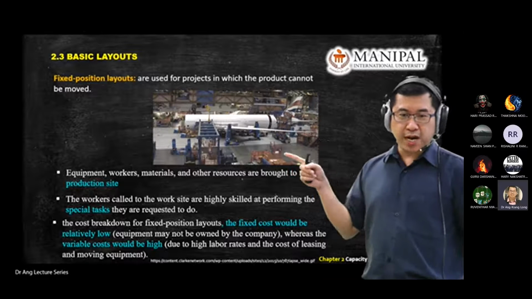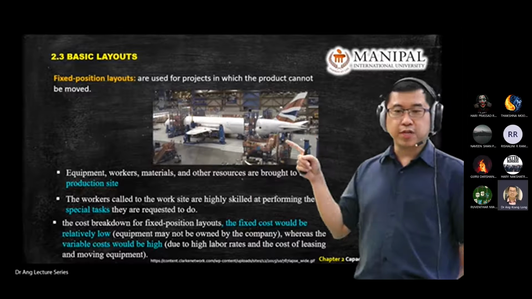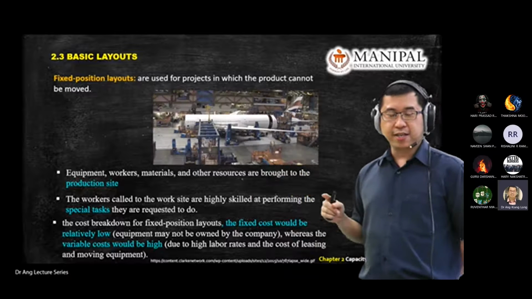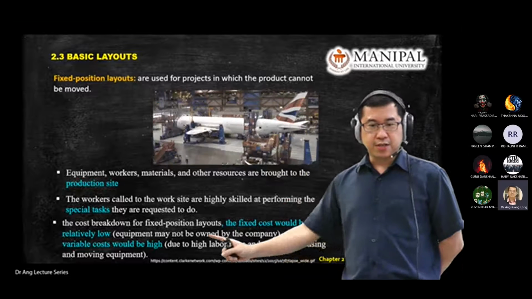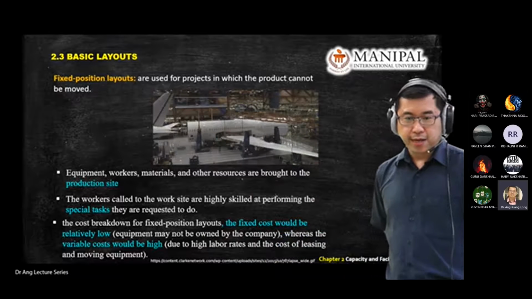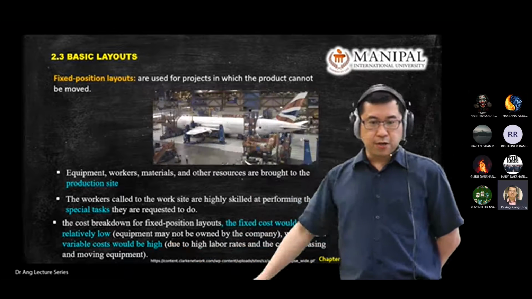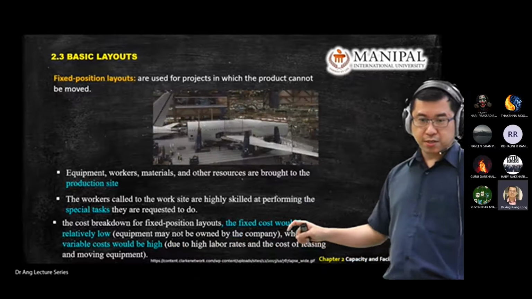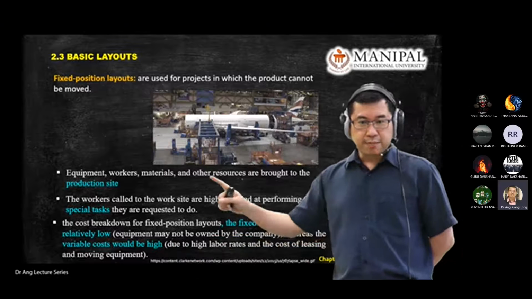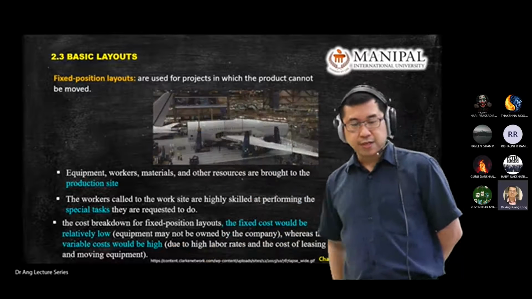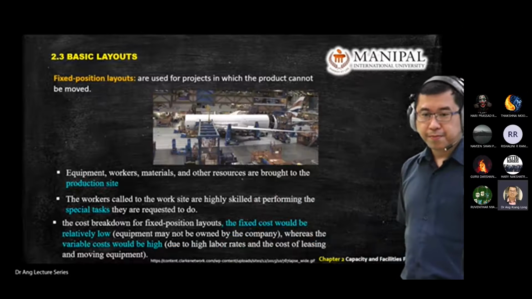So you produce one, you produce two, produce three, also using the same equipment. So in the long run, your fixed cost is very low. However, your variable cost is more on the workers and some specialized equipment you need to lease. This falls under variable cost.